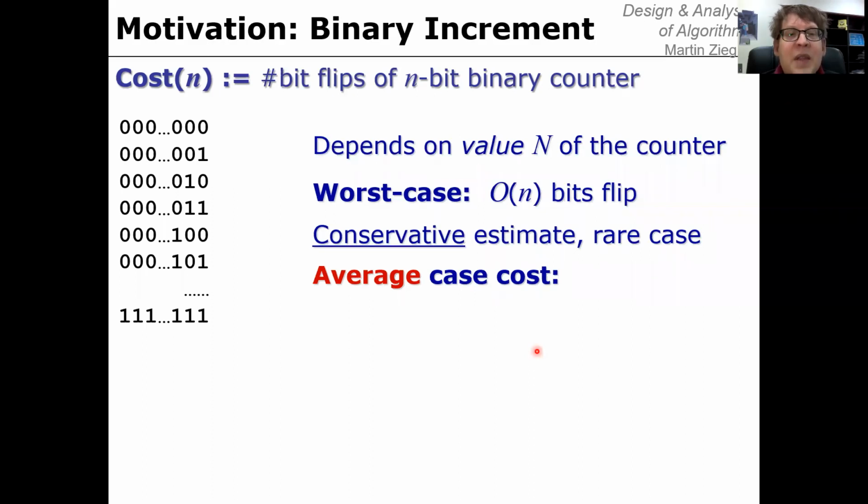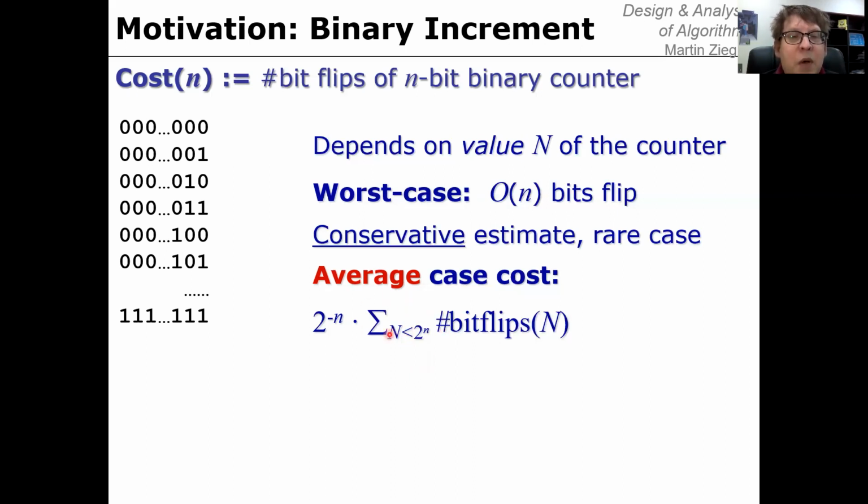So let's first define the average case cost of binary counter incrementing. That's the average over all possible values. There are 2 to the n possible states of an n-bit binary counter, right? And so we need to normalize, so we divide by 2 to the n, that gives rise to the 2 to the minus n. And then we take the sum over all possible values of that counter, that is capital N ranging from 0 up to 2 to the n minus 1.